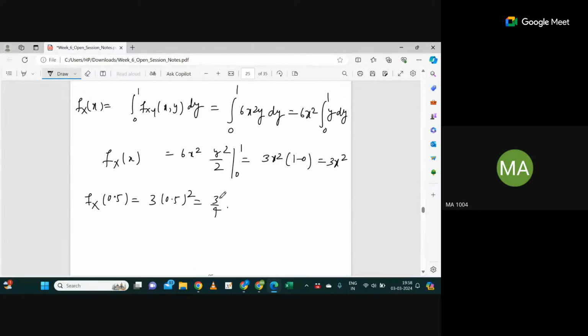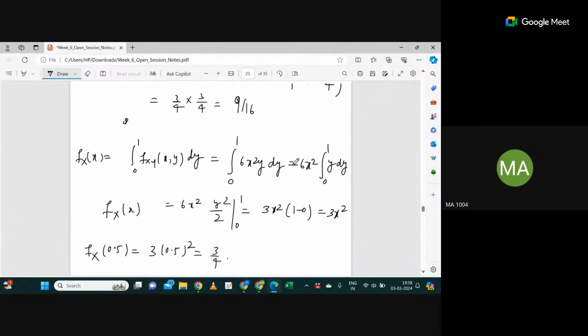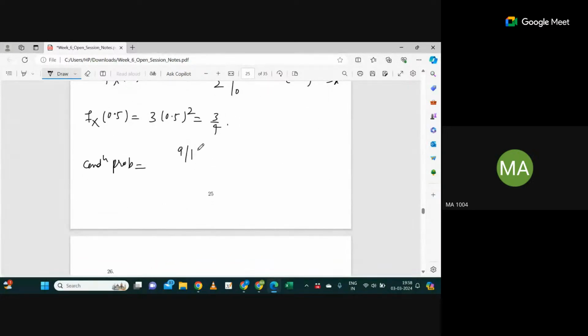So what will the conditional probability be? It is this joint density 9 by 16 divided by 3 by 4, so 9 by 16 into 4 by 3, which gives 3 by 4. Basically, we have to focus on conditional equals joint divided by marginal.